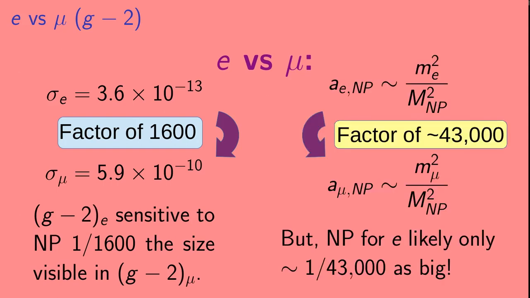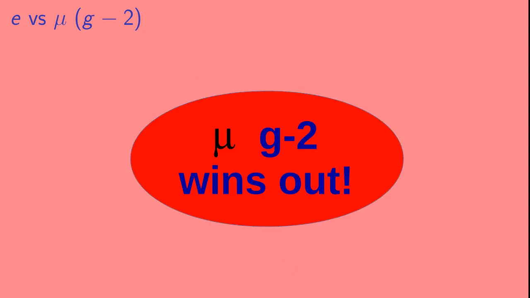However, unfortunately, we also saw that the effects of new physics in electron g-2 are only expected to be of order 1/43,000th as large as the effects of new physics in muon g-2. So, muon g-2 wins out.